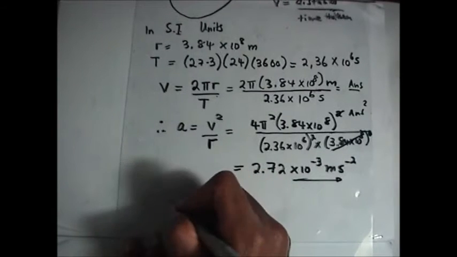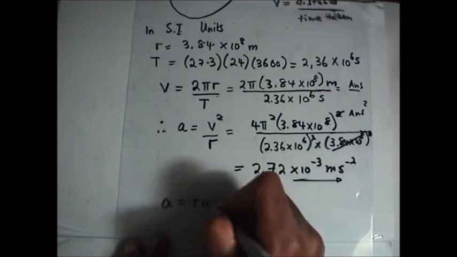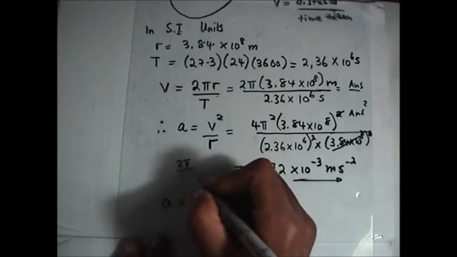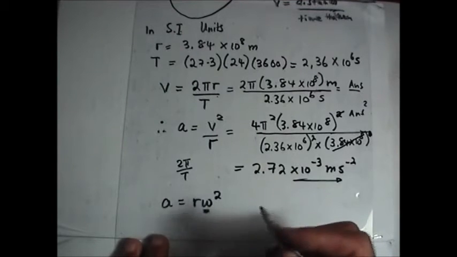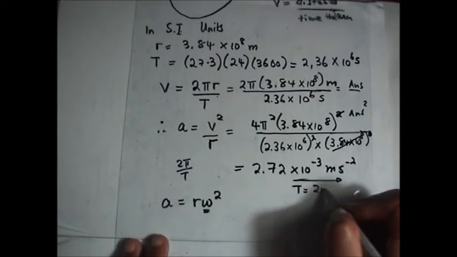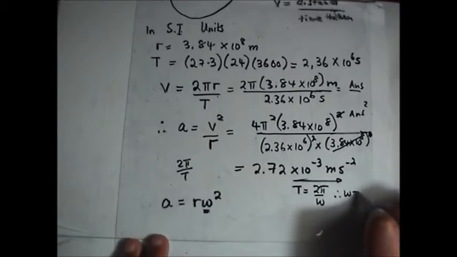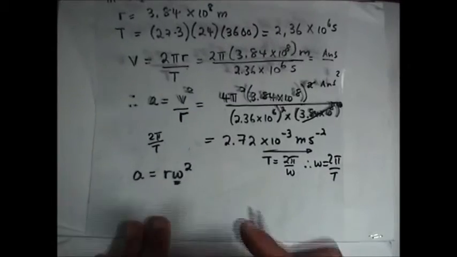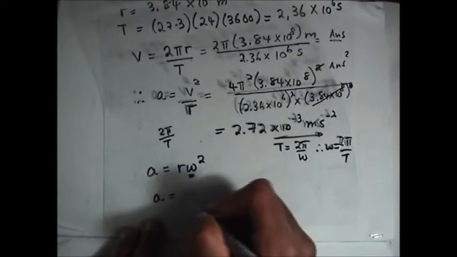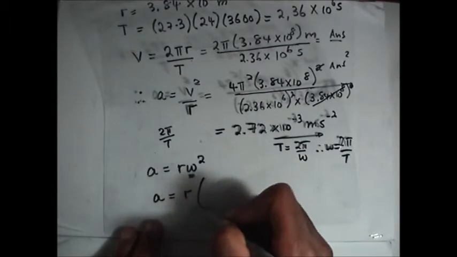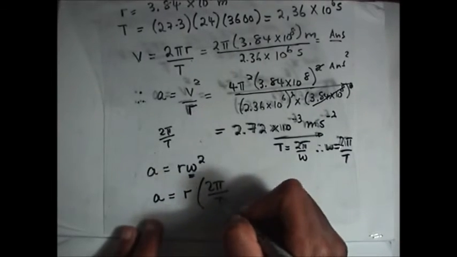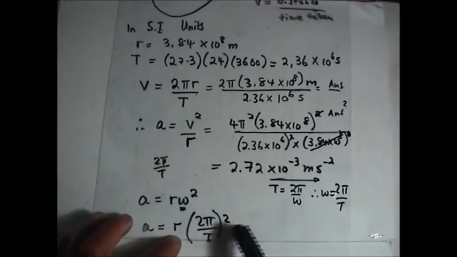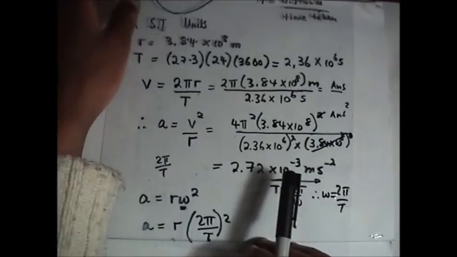You could have also calculated this using A is equal to R W squared. But we know that W is equal to 2 pi over period, because T is equal to 2 pi over W. Therefore, W is equal to 2 pi over T. Here we would have replaced this and said A is equal to R W squared, which is R times 2 pi over T squared, and you would have just replaced with the information that you are given: the r, the 2 pi, and the period.